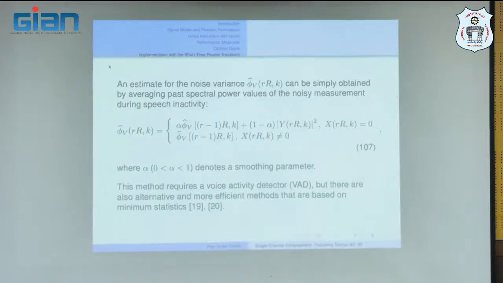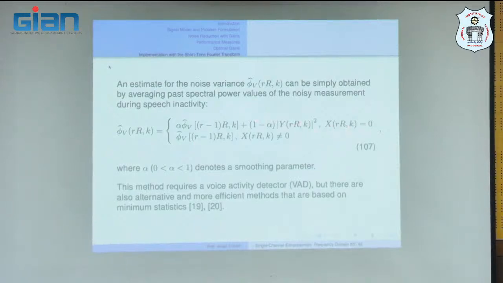There are efficient algorithms for voice activity detection, which are very important. And actually, it enables us to do some things. So if we average the noisy measurements in the STFT domain, with recursive averaging, which is very efficient to do, we can obtain the variance of V, because during these windows we don't have the desired signal.